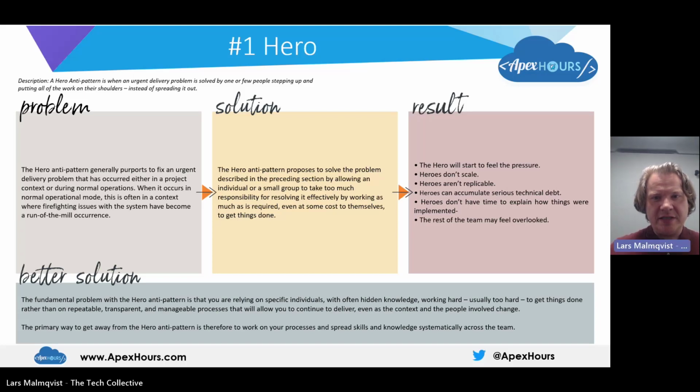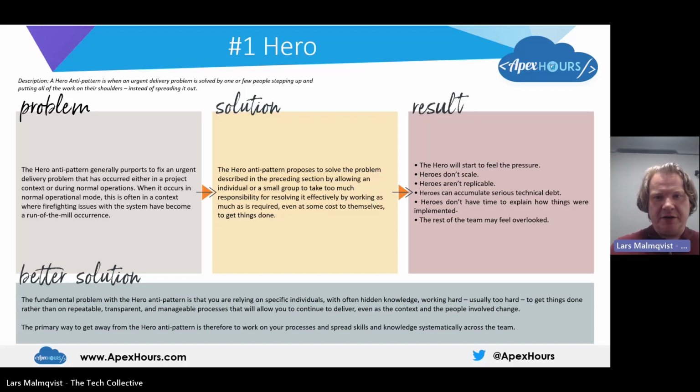So the hero anti-pattern occurs when you have individuals that usually have deep knowledge about a particular system, and you rely exclusively on them to solve critical issues and do feature upgrades, effectively by working them to the bone. So if you have ever had a scenario where an individual or a small number of individuals seem to carry the entire burden of a project, that's the hero anti-pattern.